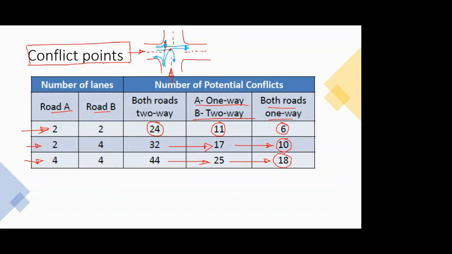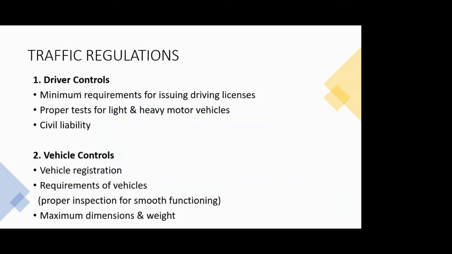In order to reduce conflict points, it should not happen that you make the driver go ahead 2 or 3 kilometers further and then take the desired turn. In that case also, the drivers will not follow this, and there will be breaking of the rules. So this is related to conflict points.